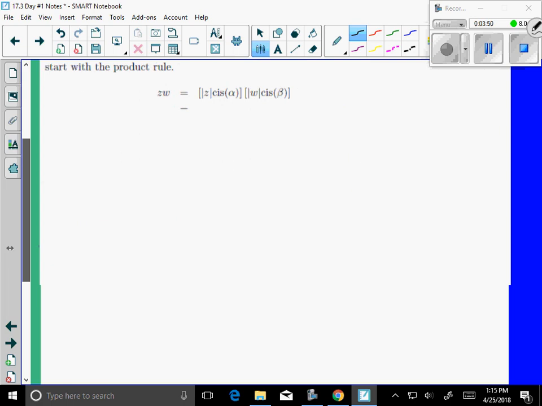Okay, so z cis alpha. Well, z cis alpha is really z times cosine alpha plus z times i sine alpha. That's just the definition of what cis means, right? I'm going to do the same thing here for w.